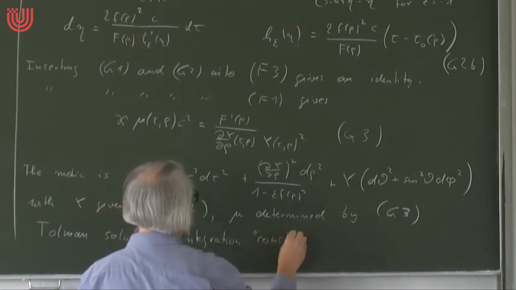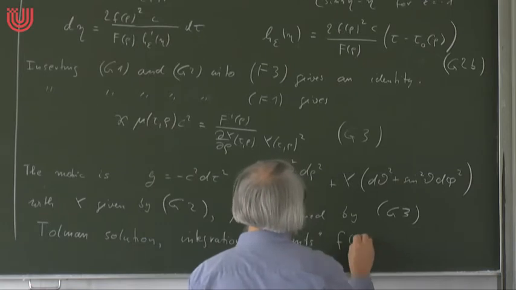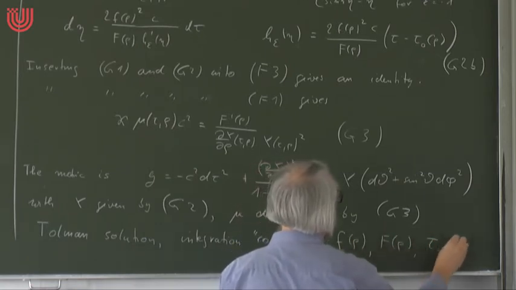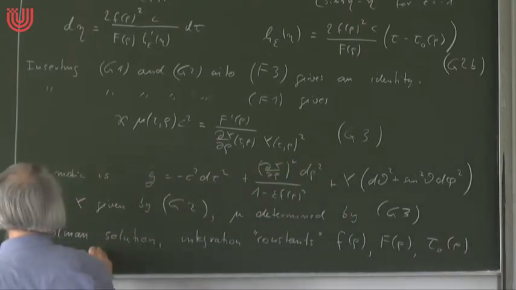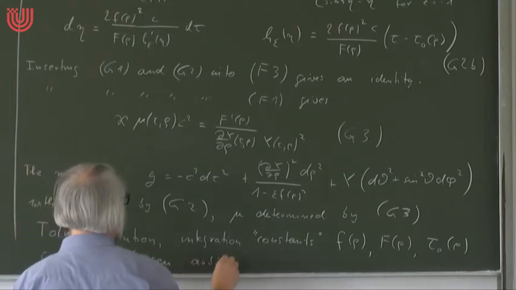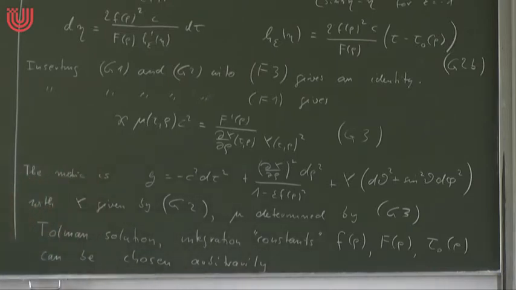They are actually functions of rho, of course. So you already know that f of rho, capital F of rho, and tau naught of rho can be chosen arbitrarily. So whatever you choose for these functions, as long as the whole thing doesn't degenerate, gives you a solution to Einstein's field equation.